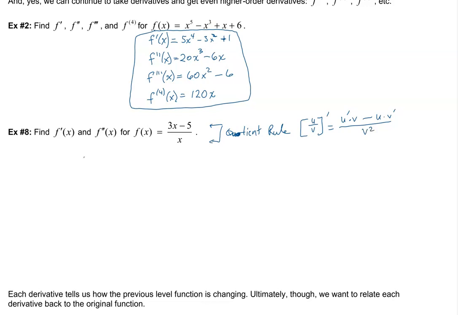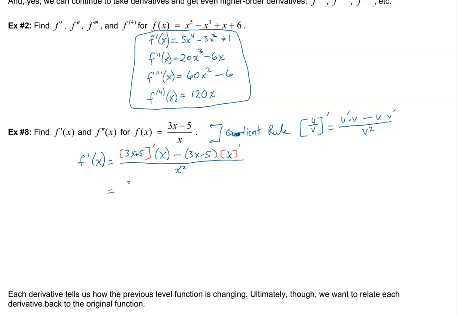So let's get working on that for the first derivative. I'm going to write it out because it's my notes. So I'm going to take the derivative of the 3x minus 5. And again, you might be comfortable enough to skip this step. Okay, times the x minus 3x minus 5, and then the derivative of the x all over x squared.